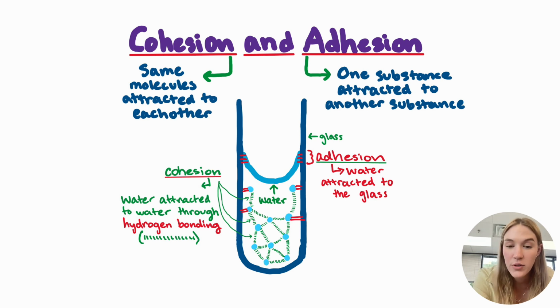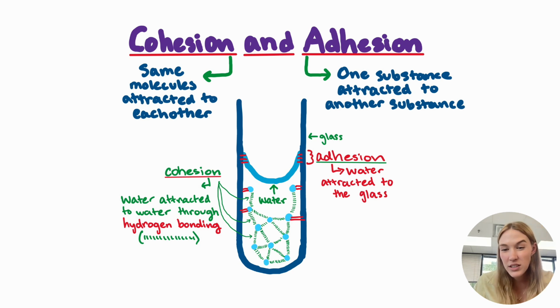But let's talk about adhesion and cohesion. Adhesion is when water wants to hang out with other substances, it's attracted to other substances, whereas cohesion, co meaning same, it's attracted to other water molecules. So not the same water molecule, but other water molecules.